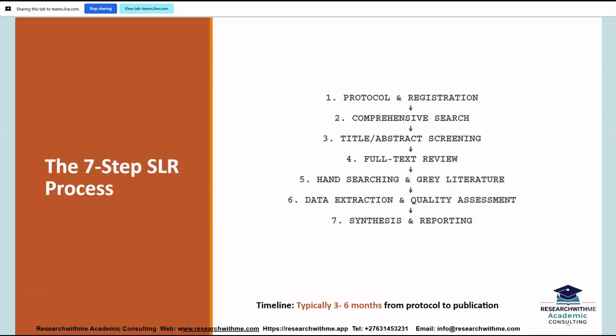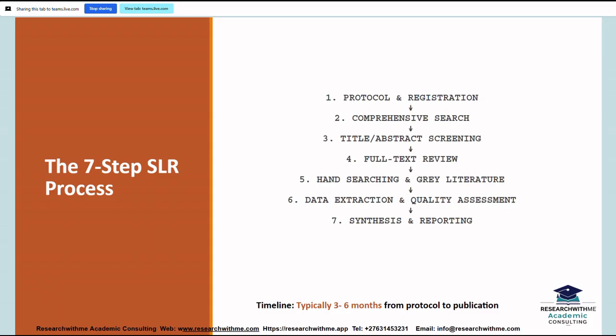We look at the steps that are involved in conducting systematic literature review. And we talked about the first one, the protocol and registration, comprehensive search, title or abstract screening, full text review, hand searching, and gray literature search, data extraction, and quality assessment, as well as synthesis and reports. So these are the 7 steps that are involved in writing systematic literature review.